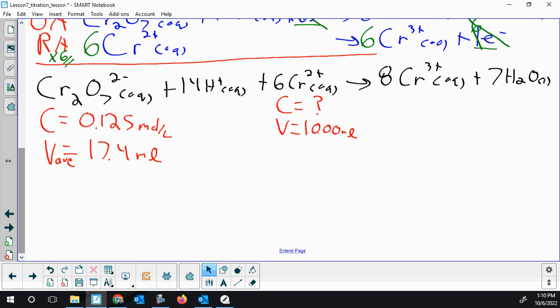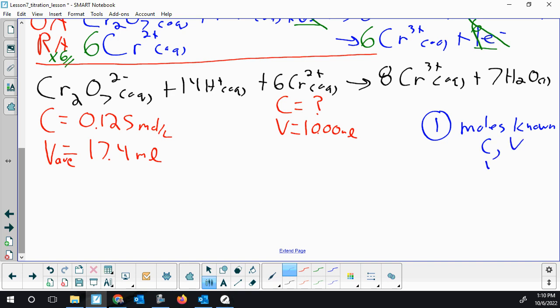Okay. So there's always these same 3 steps. And this is the math that I'm going to do shortly. You want to get the moles of what I call the known. This is where the C and the V are both known. I put a little check mark under both. You're not figuring them out. They're in the question. Get the moles of known to the moles of the unknown, what you're trying to find out.